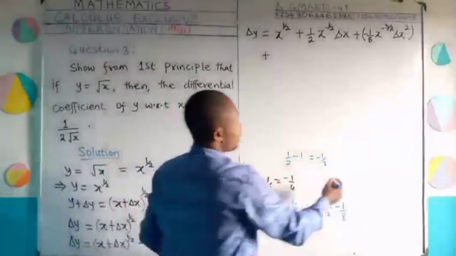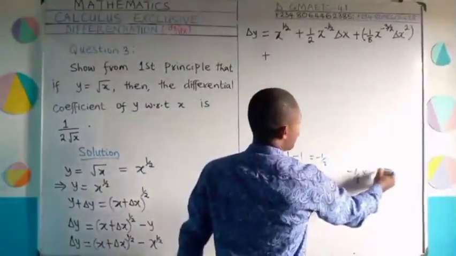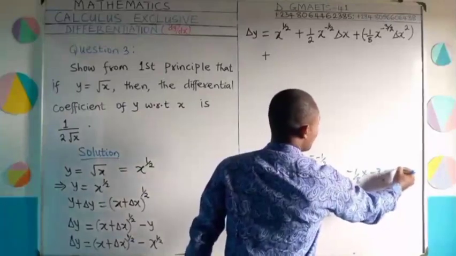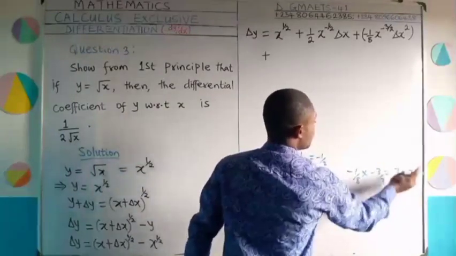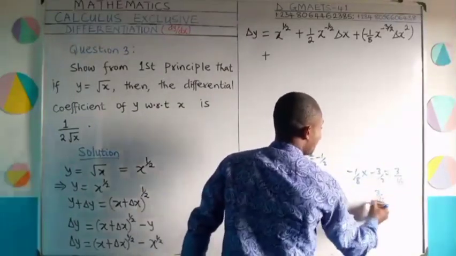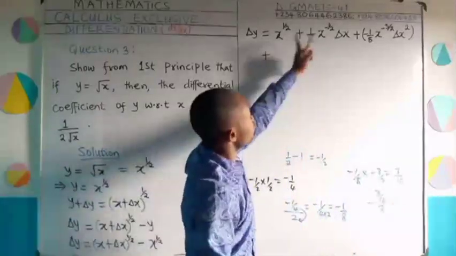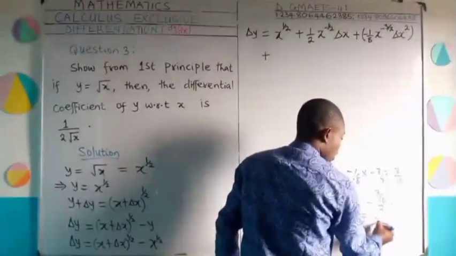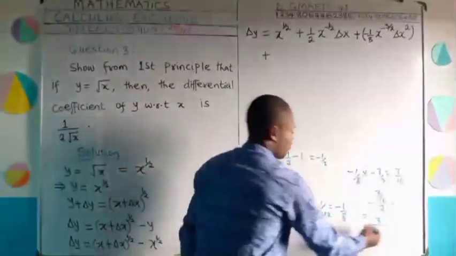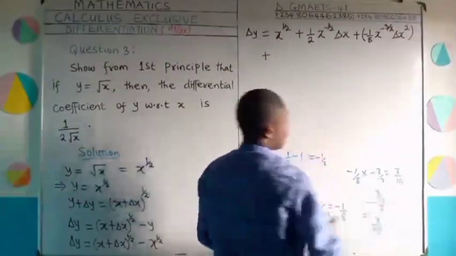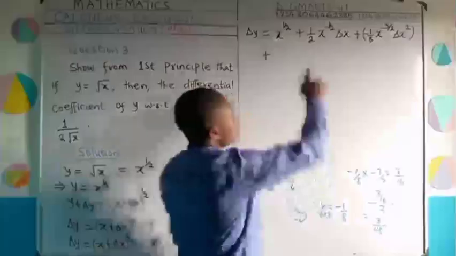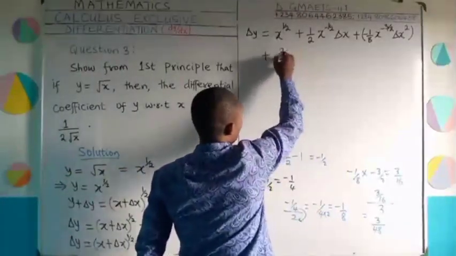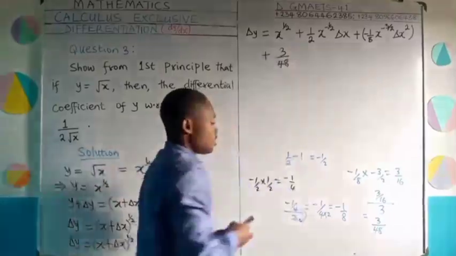So you divide this 3 over 16 by 3. And of course, this is going to give us 3 all over 48. So this fourth term, the coefficient will be 3 over 48.